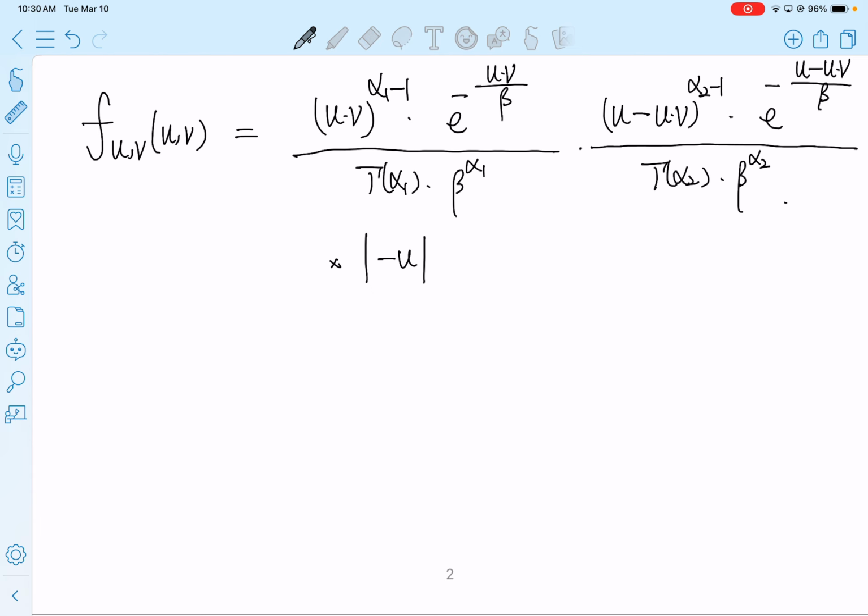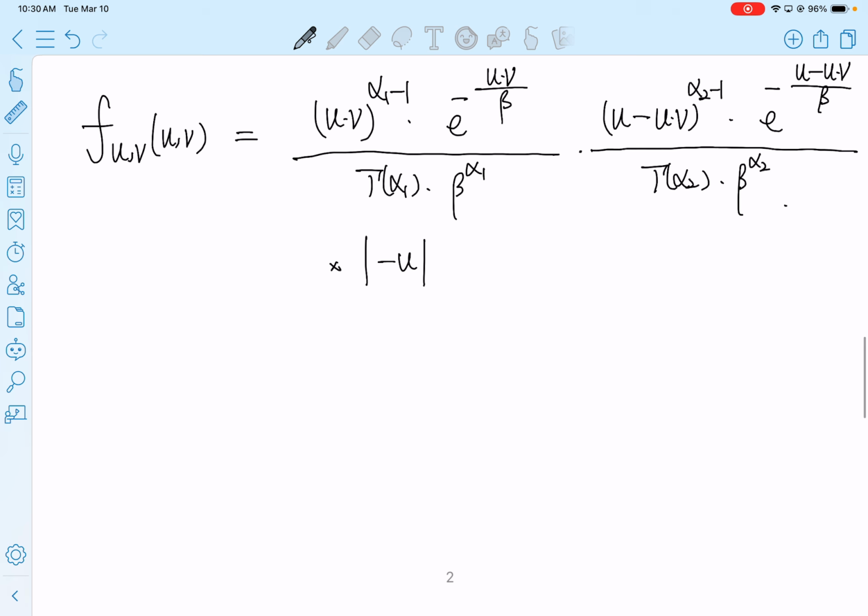Now let's further simplify this expression and see if we can gain some insight about this joint density function. Let me group the terms slightly differently. I'm going to separate the u and the v in a particular way.